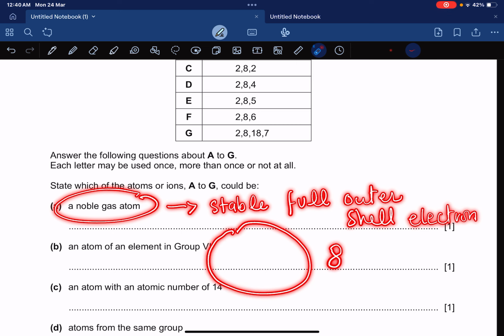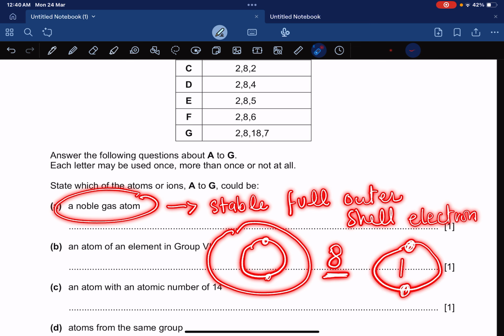If it's the second shell, it should have a complete 8, and if it's the first shell, it should have a complete 2. Just say, for example, if I talk about helium, helium is a noble gas, and helium does not have 8 electrons. Helium only has 1 shell, and there are 2 electrons in it. So helium is a noble gas with 2 electrons in its outermost shell. So it's wrong to say that noble gases have only 8 electrons, because helium is also a noble gas.